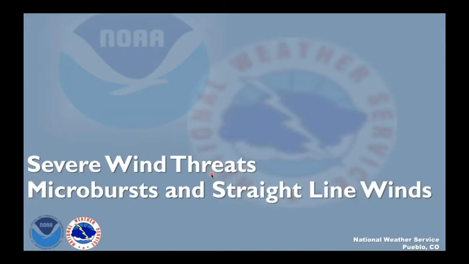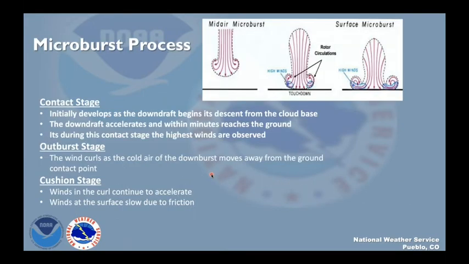So other severe kinds of threats that we have: microbursts, straight line winds. We see a lot of microbursts here in Colorado. Chances are during a nice storm day, you've all probably seen or experienced a microburst of some intensity. But essentially what happens, you've got a thunderstorm that has ample moisture inside of it.